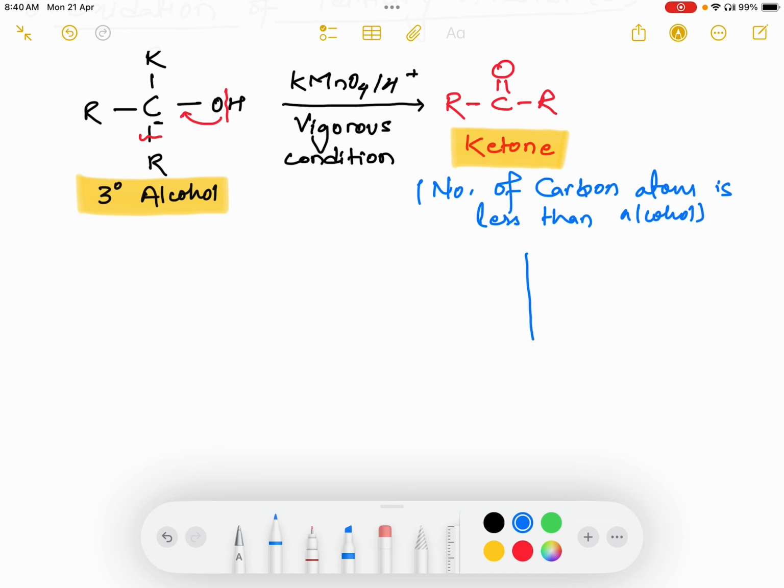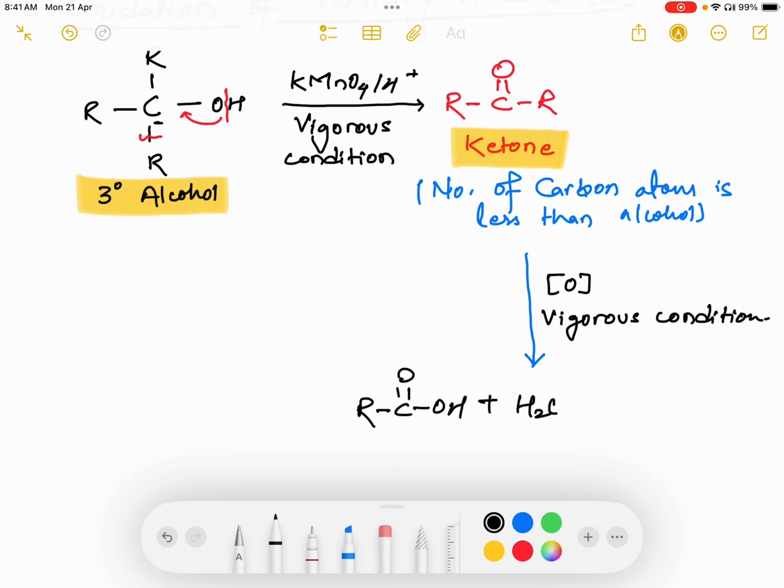Again, if it is further oxidized under the same vigorous condition, it turns into carboxylic acid, RC double bond O, OH, along with the liberation of H2O and CO2. But this time again the carbon count will decrease.